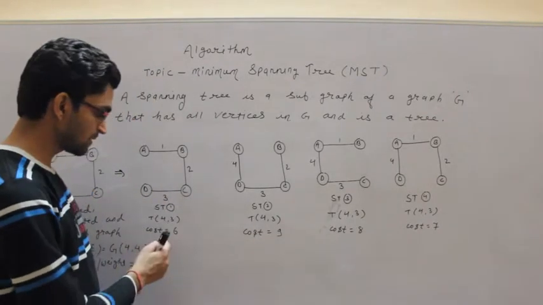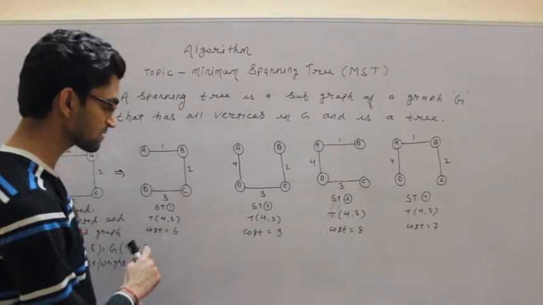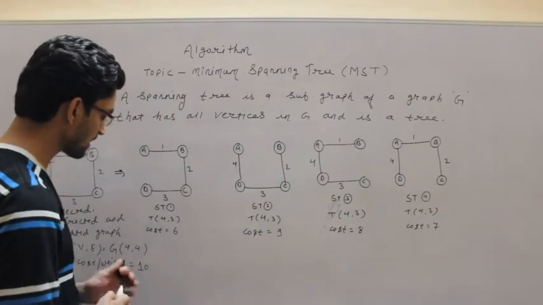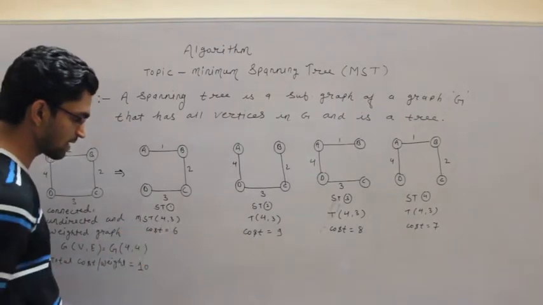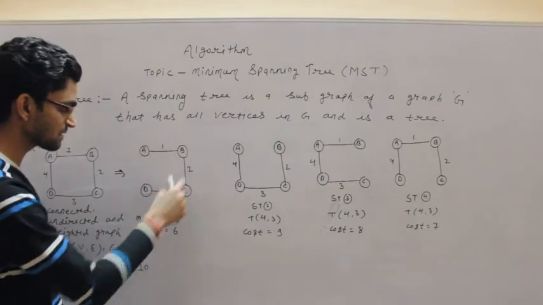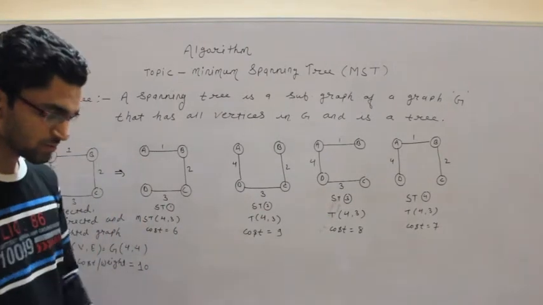The minimum cost among all these costs is 6. So this is our required minimum spanning tree for this given graph, and the number of vertices in this tree is 4 and the number of edges is 3.